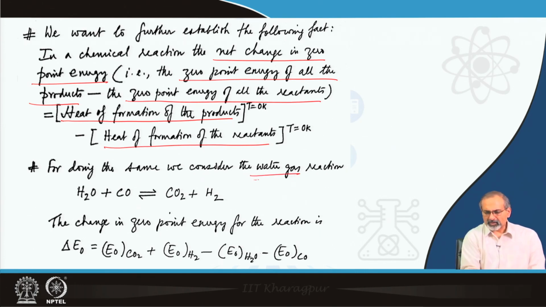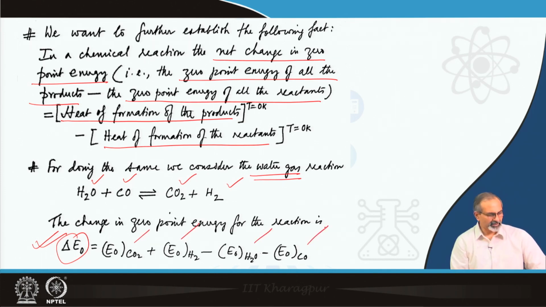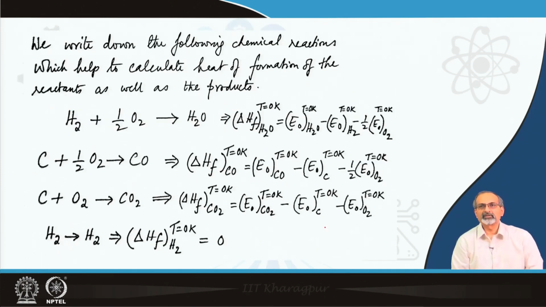We will take a water gas reaction, water reacting with carbon monoxide producing carbon dioxide and H2, and we start by introducing the change in 0 point energy for the reaction. By definition, the products have positive sign, the reactants negative sign for all the constituent elements.